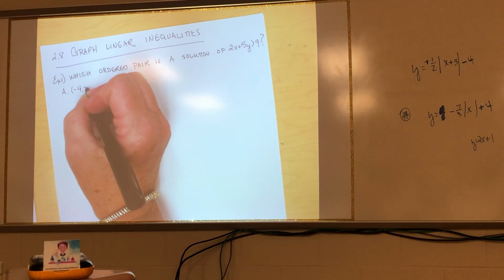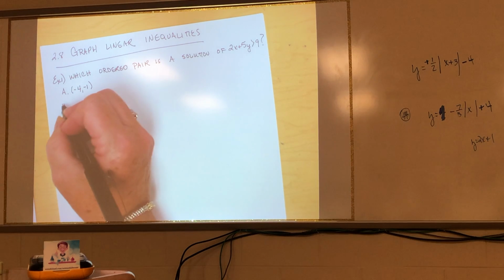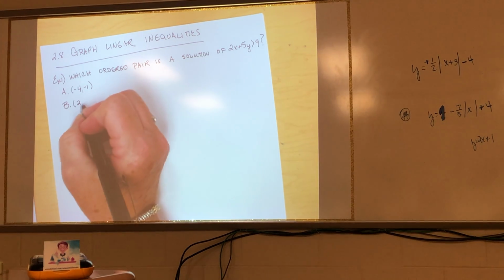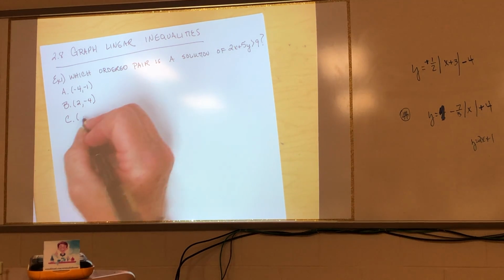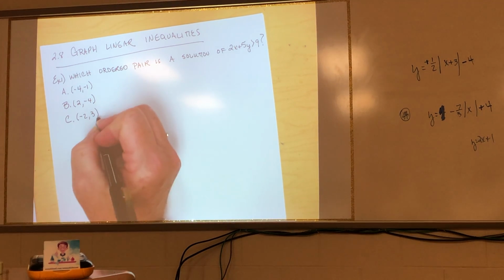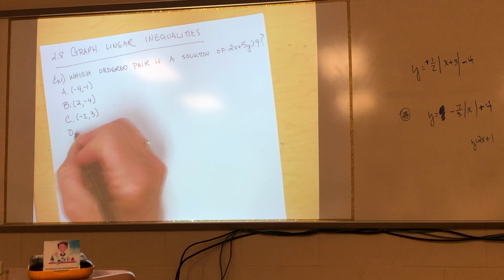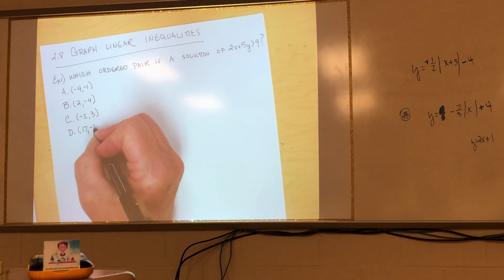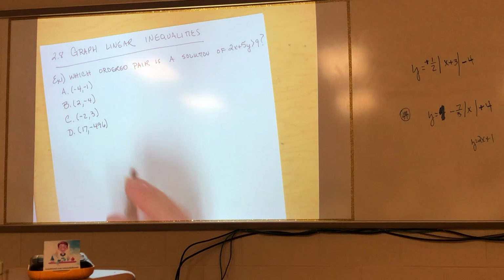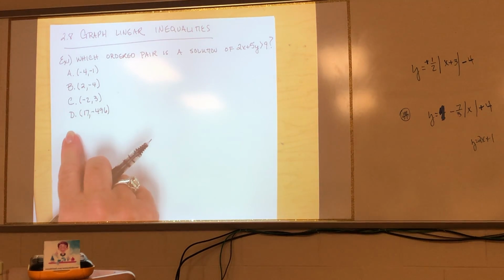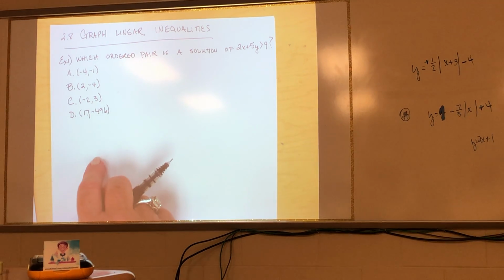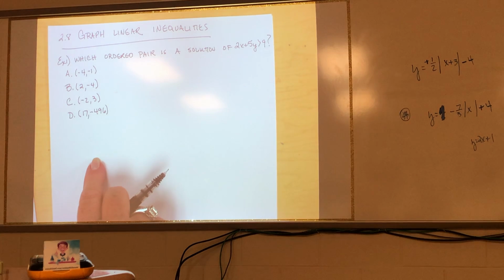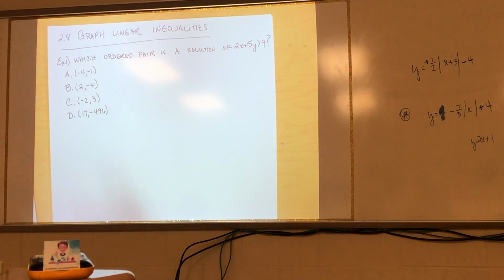Multiple choice test. -4, -1, or 2, -4, or -2, 3, or 17, -496. If this was a college test, it would say or A and C, or B and D, or all of these, or none of these. Have you ever taken a test like that? Yeah. I hate those. But that's what they do sometimes.